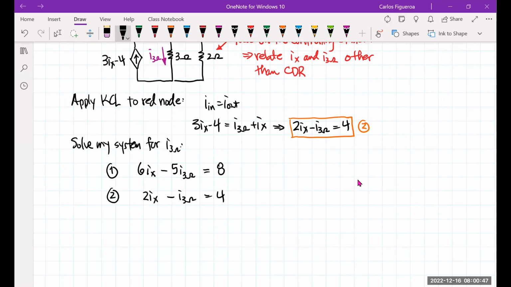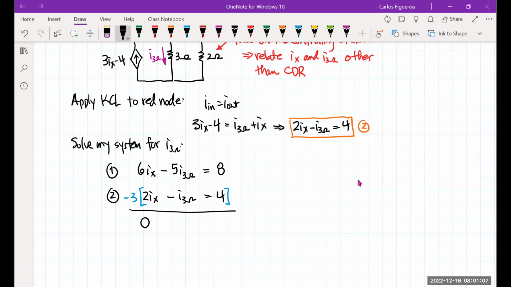In order to cancel out the Ix, I'm going to multiply the second equation by -3, and then add these equations. The first one gives me 0.